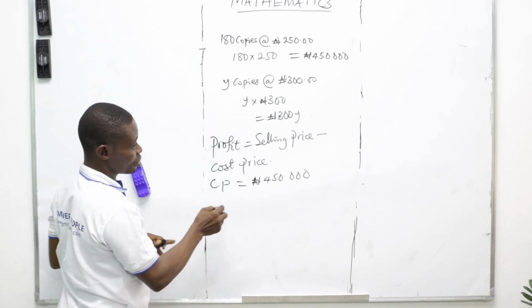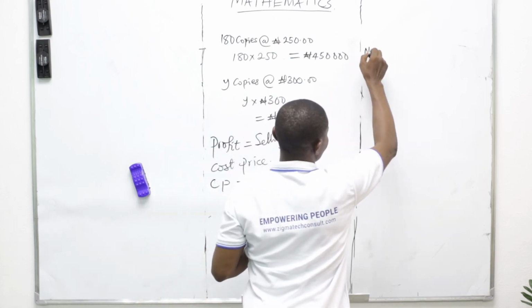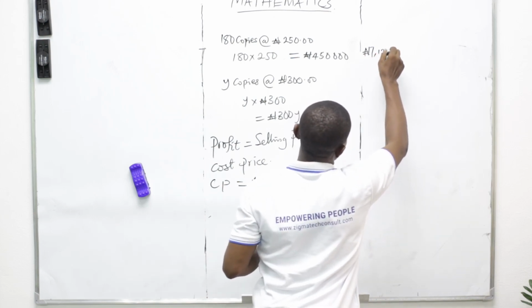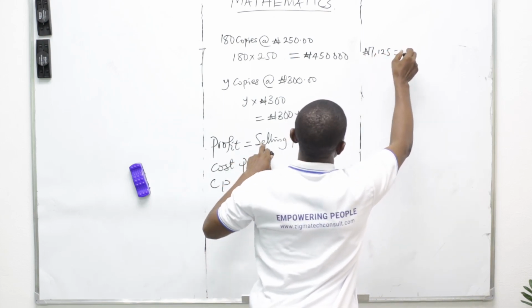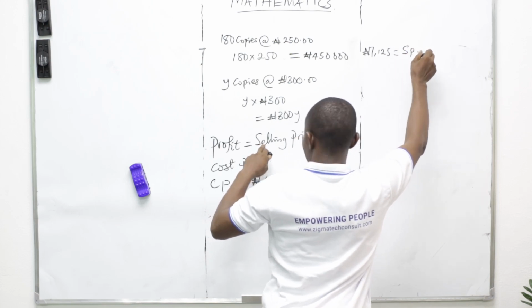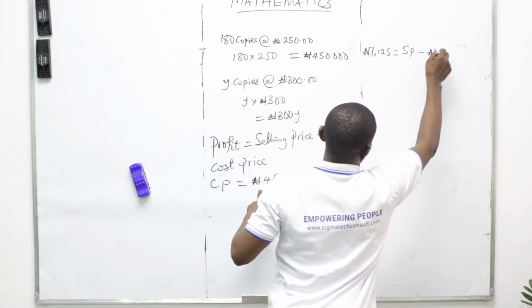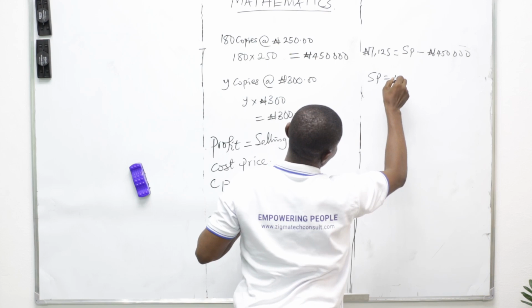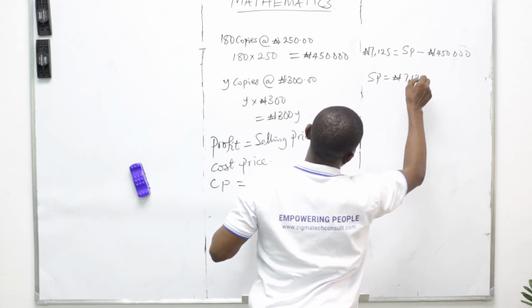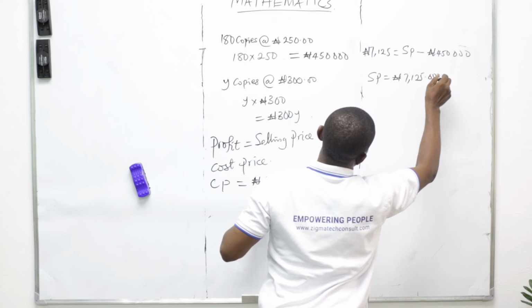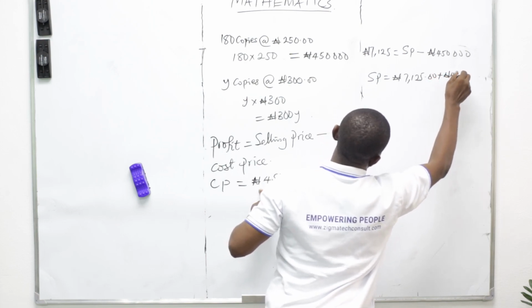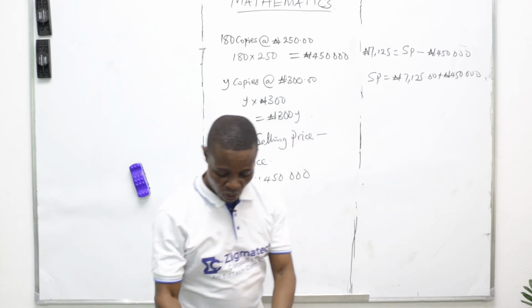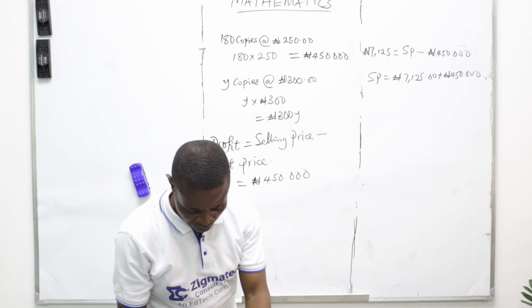Profit is 7,125, meaning equals selling price SP, we don't know, minus cost price, we have it here, that is 450,000. So the selling price now equals 7,125 plus 450,000. Okay, this is money issue, so we must get the accurate value.